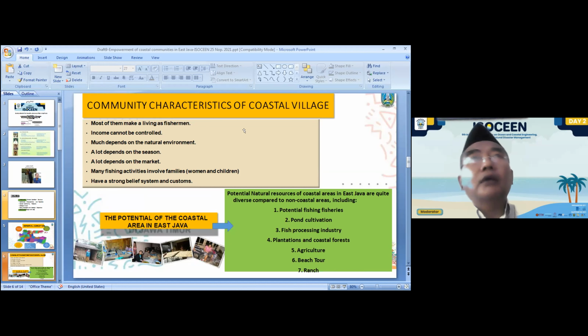We know that the Indonesian population, including East Java, is mostly, around 60%, living in coastal areas. And in that coastal area, we have so many cities, including Jakarta, Surabaya, Semarang, as well in the coastal area.